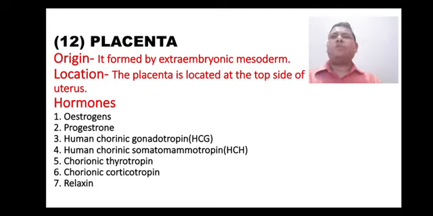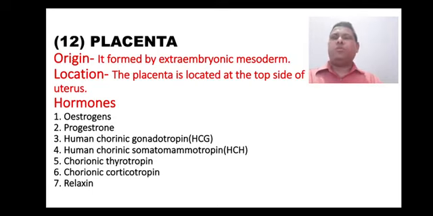Function of these hormones. Estrogens and progesterone have the same roles as in the non-pregnant state. However, the placental progesterone also checks contraction of uterine muscles and thus helps to maintain the pregnancy.